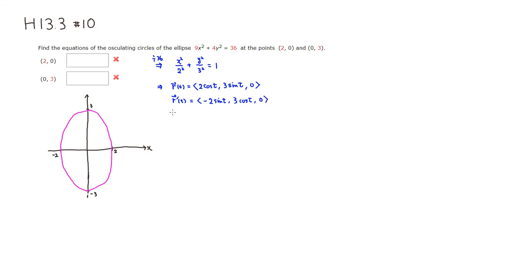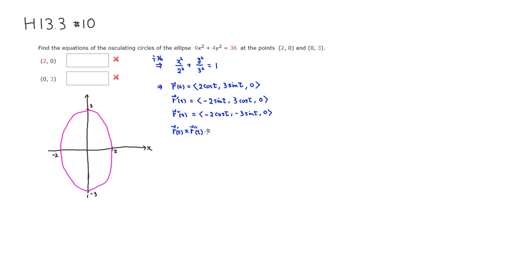Then we need the second derivative, which is negative 2 cosine of t, negative 3 sine of t. Then we can find the cross product of the first derivative with the second derivative.